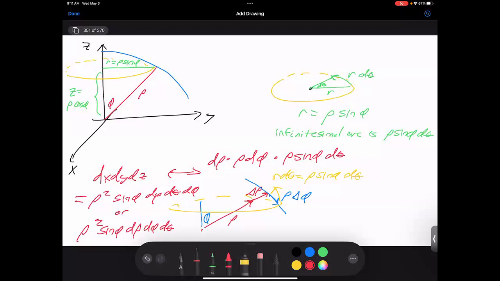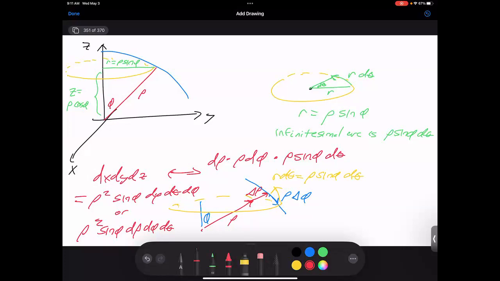So when phi is equal to 0, we're very close to the z-axis. If we move down a small little bit, it's going to be a very small radius. Where is the radius going to be largest? Where's r going to be largest? Around pi halves. And so it tells us that this little volume element is going to depend on how far down we're coming from the North Pole. If we're very close to the North Pole, the volume element is going to be smaller than if we're close to the equator.